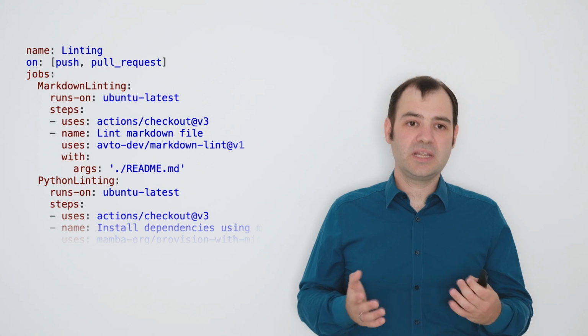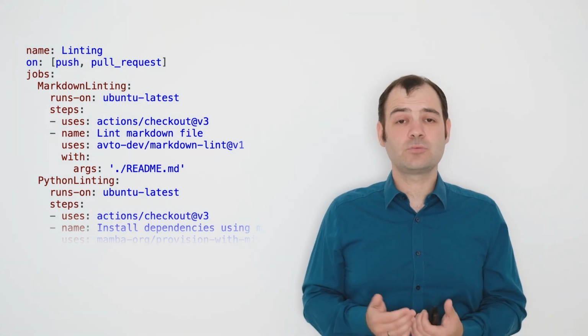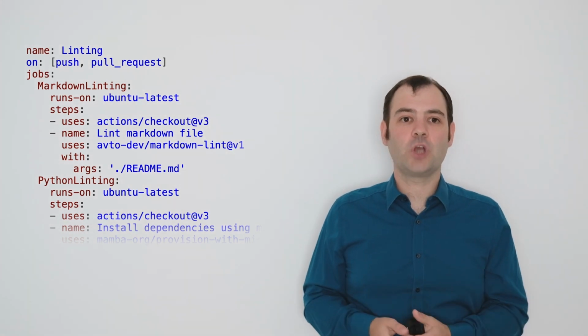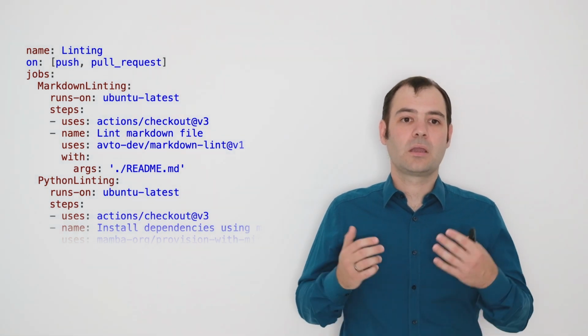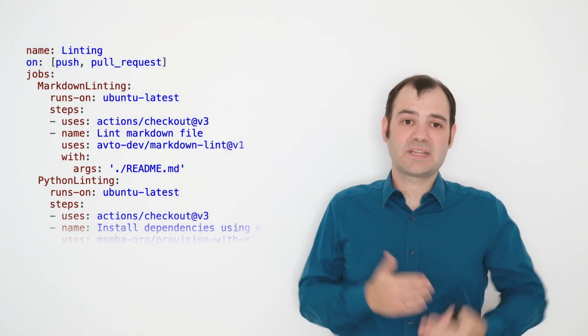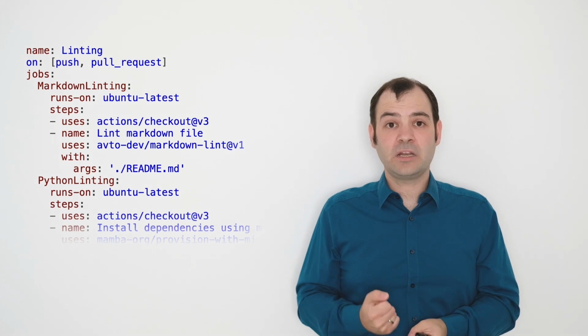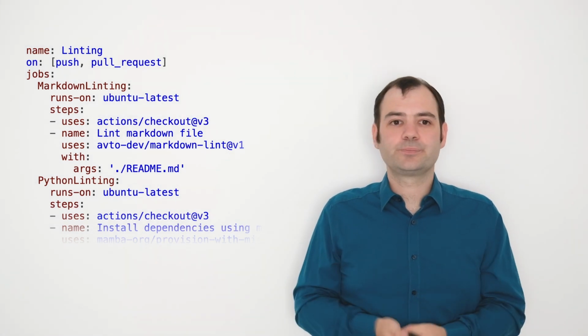Another example I want to give you consists of not one, but two jobs. It has to do with linting, so I named the pipeline linting. It again runs on every push and on the pull request and consists of two jobs, Markdown linting and Python linting. And both run as first step the checkout. So they both get the code that you developed because we want to lint this code.